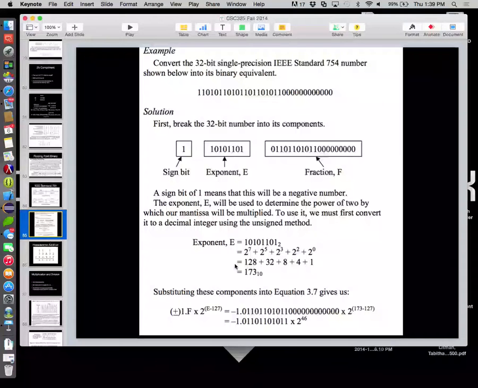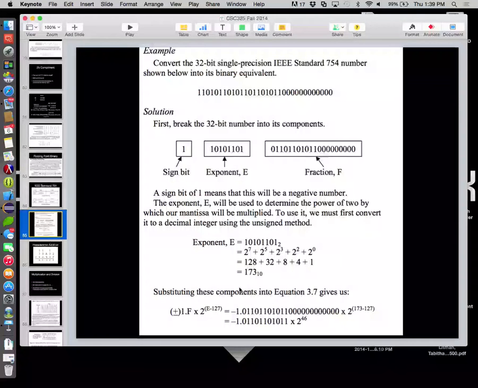Add those all up, we get 128 plus 32 plus 8 plus 4 plus 1. That gets us 173. All right, so we converted this guy into his decimal equivalent, which is 173. Nothing special there, we just took the exponent and converted it to decimal.